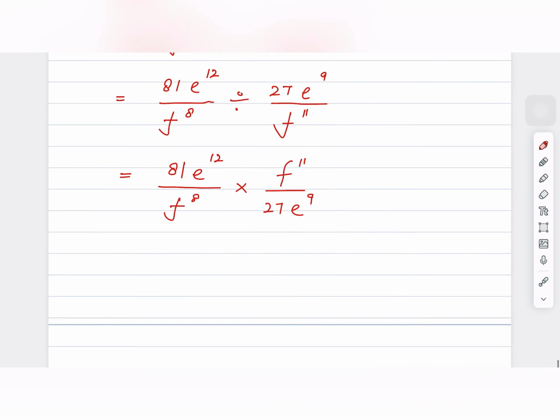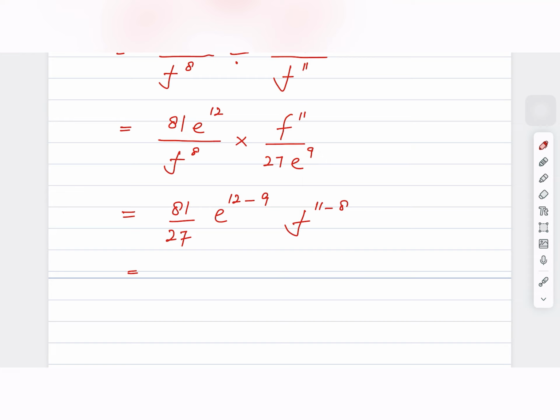So now you will divide 81 by 27, and you will subtract 9 from 12, and again you will subtract 8 from 11, because you have the same basis and there is division sign in between, so it will be 11 minus 8, and your final answer will be 81 divided by 27 is 3.